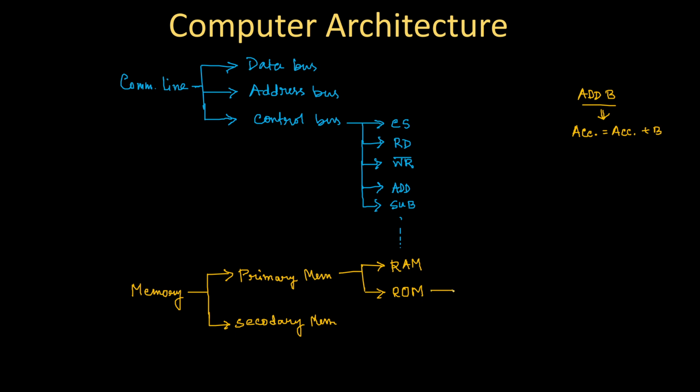And this ROM can be of several types actually. It can be programmable read-only memory. It can be erasable programmable read-only memory. It can be electrically erasable programmable read-only memory, and something like this.